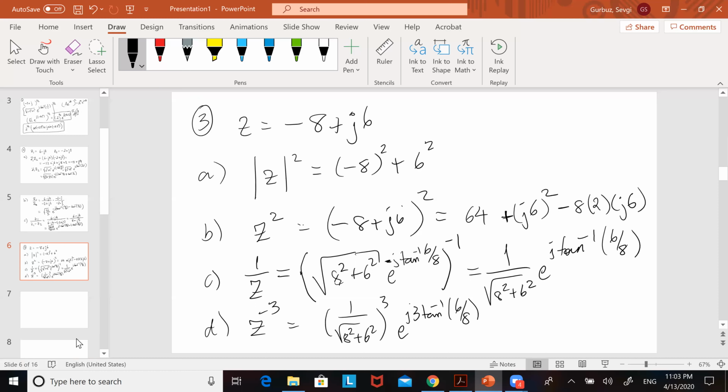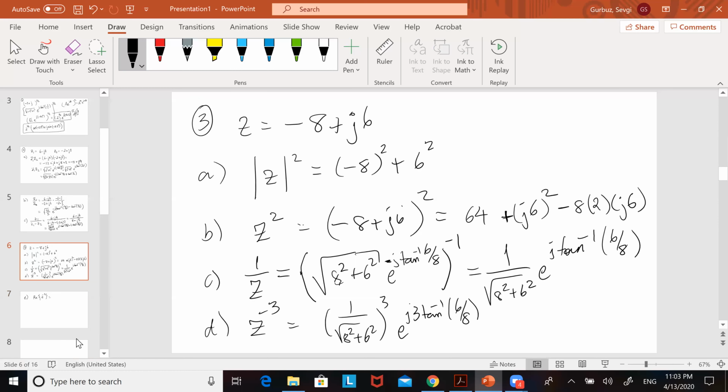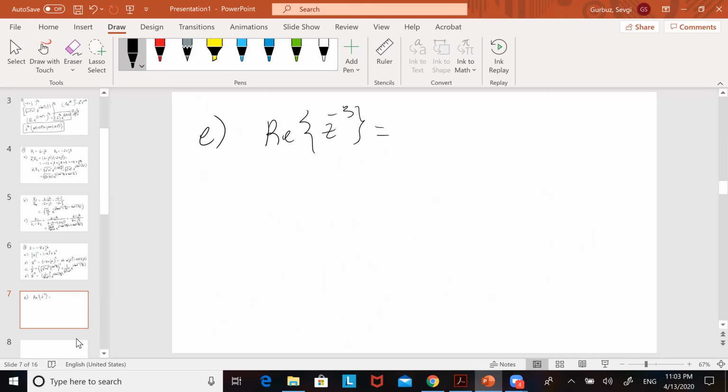If we then wanted to, for example, find the real component of this last result, so let's say we want to find the real component of z to the -3, what would we do? Well, let's first keep the magnitude as it is. So you'd have 1 over this coefficient, the square root of 8 squared plus 6 squared, and I believe we had this cubed.